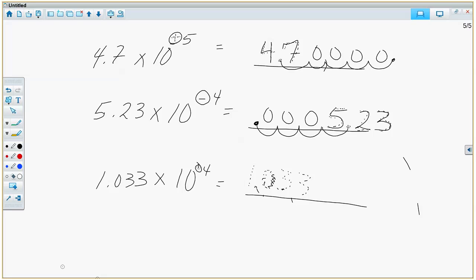How many places? 4 places. 1, 2, 3, 4. 1 hump. So 1 0, and then fill in. 10,330. Like I said, these are the ones that people don't miss. Because somebody's saying, I don't know of any other ones.